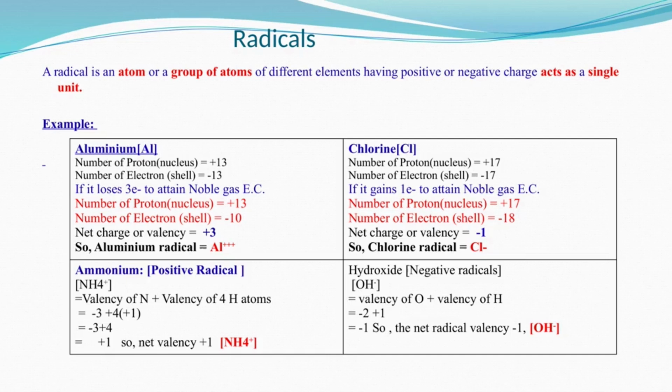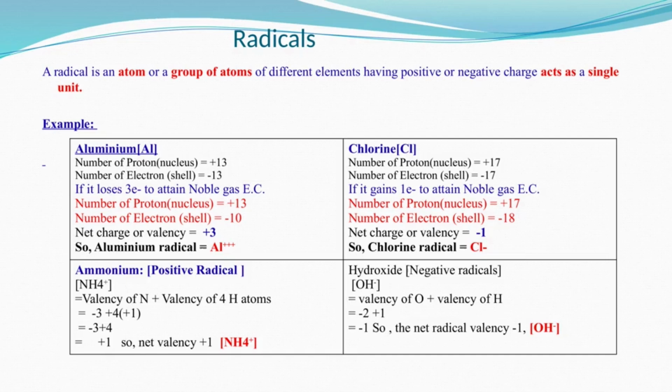So the net radical valency of the hydroxide ion will be OH minus. Is it clear? With these examples I want to give you an understanding of how an element will carry a radical or charge, whether it is a single element or a compound radical. Okay, so this is about that.